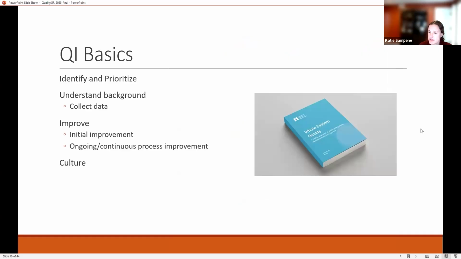So just some basics. You want to collect some data to understand your background. So for example, I'll use a project that's easy for me to talk about that we worked on, which was an aspirin recommendation project.